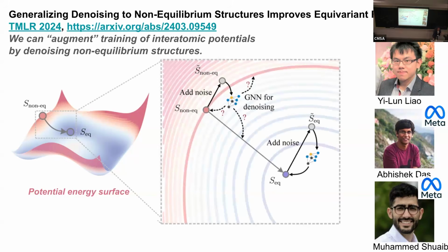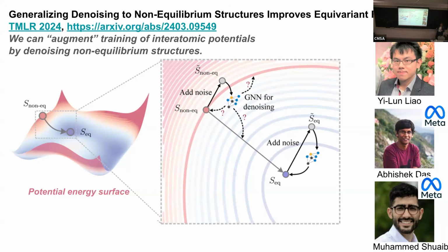So what essentially happens here is that we noise the non-equilibrium structure, and when we feed it to the model, we not only give it the noised structure, we give it force labels. So saying, I want F equals blah, blah, blah. This atom should have a force of this, this atom should have a force of this.